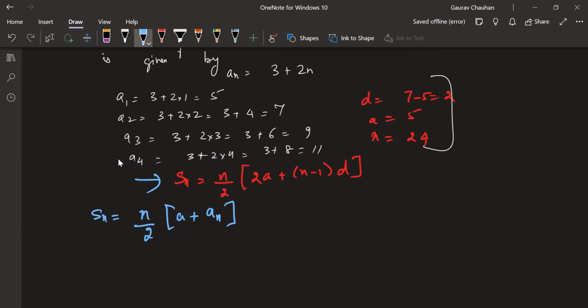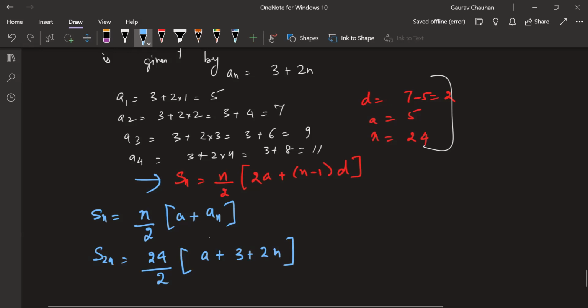this formula, and what she is saying, the sum of 24 is equal to 24 by 2 into a is what? A is 5. Dilruba, a is not 3. Okay, you have not put the value of a. So Dilruba is saying an I can write as a plus 3 plus 2n. Dilruba, this is also correct, but you have to take the next steps.